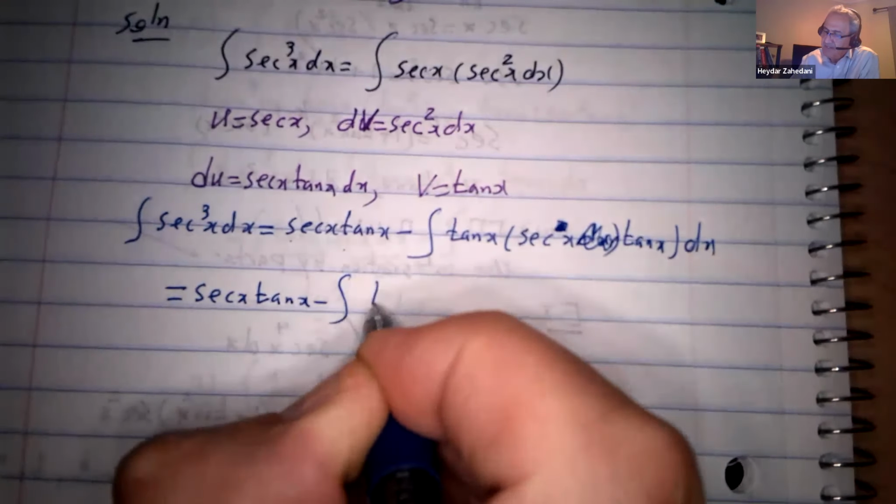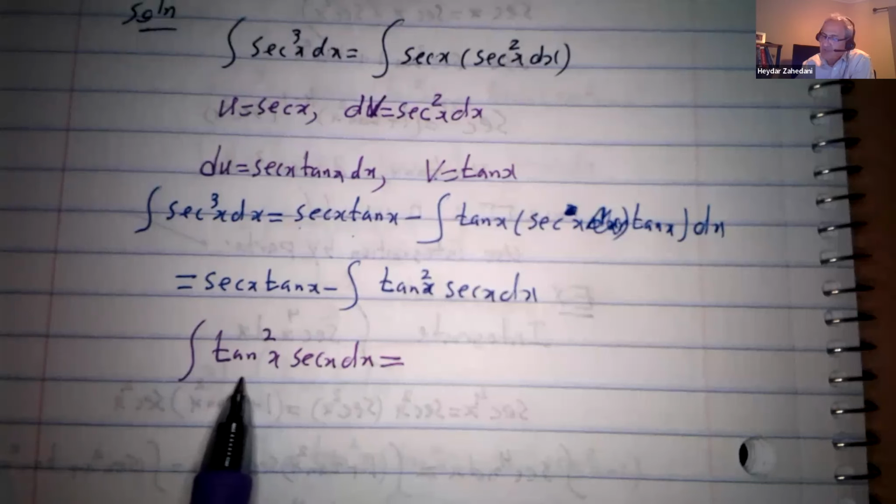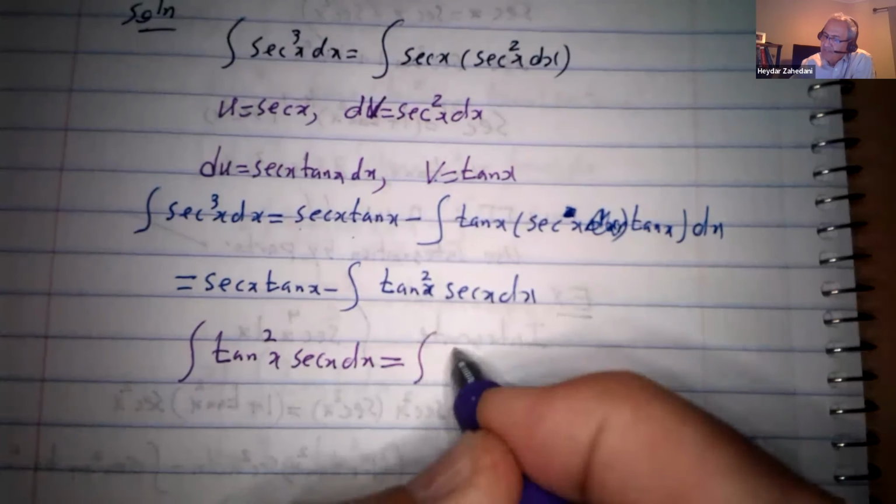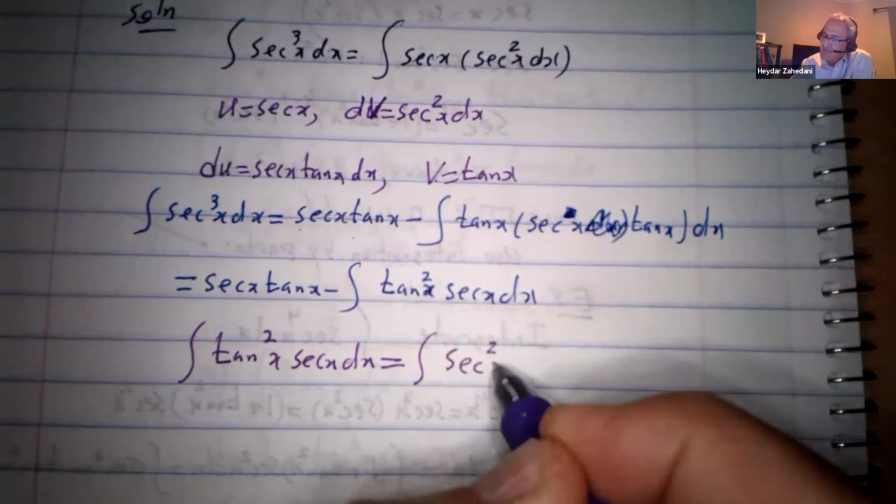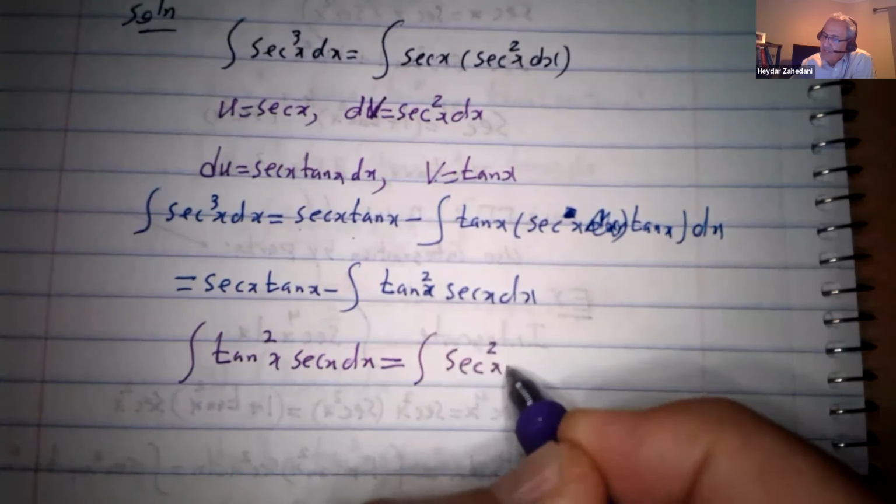So you have to find the integral of this new one with that tangent square that you have all the time. Tangent square of x secant of x dx. So what we do, we replace the tangent squared with secant square minus 1. So that gives secant squared minus 1 times secant of x dx.